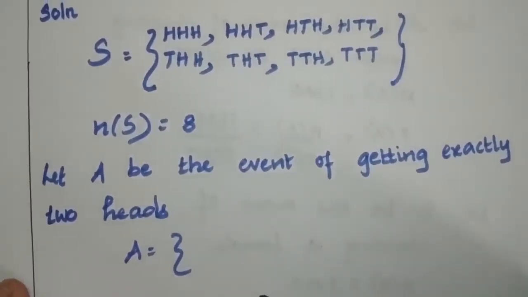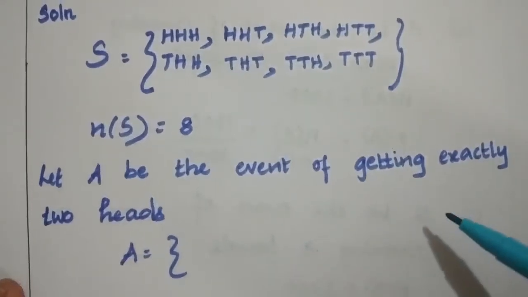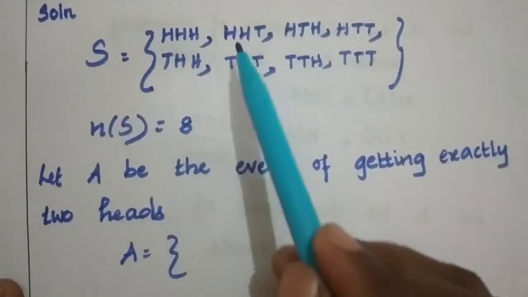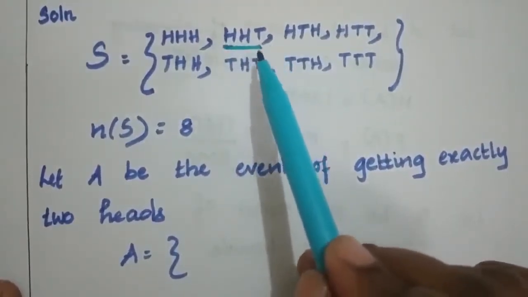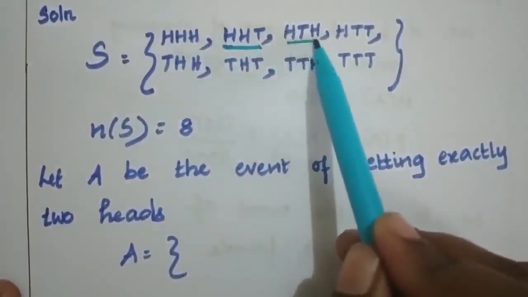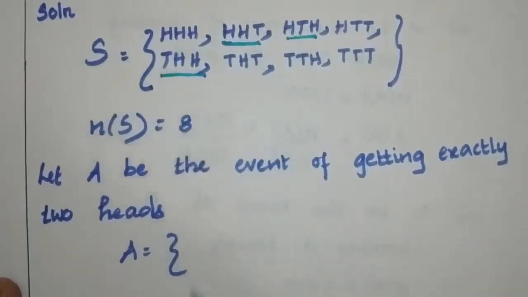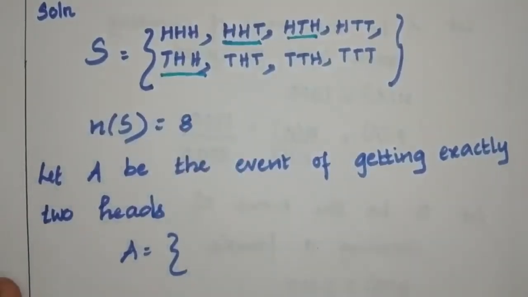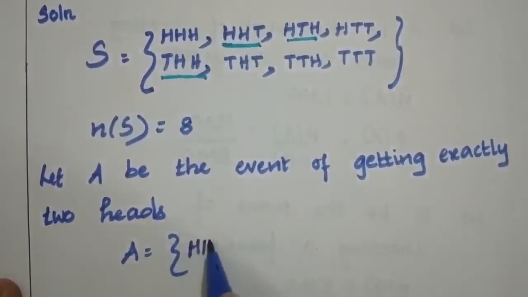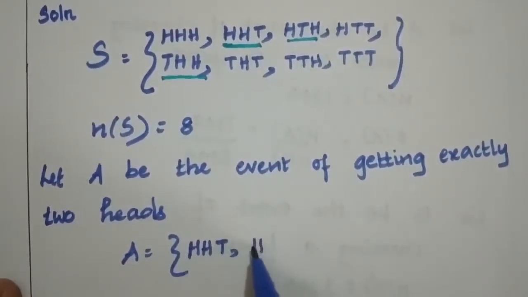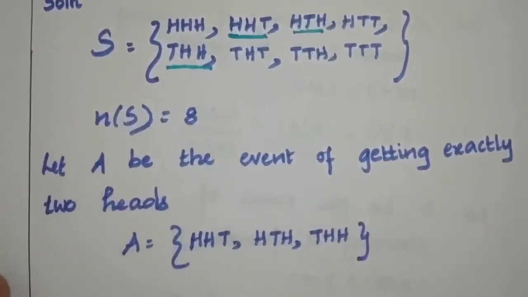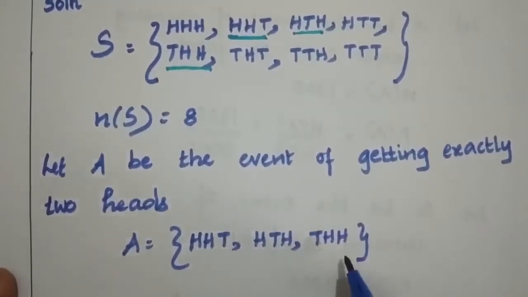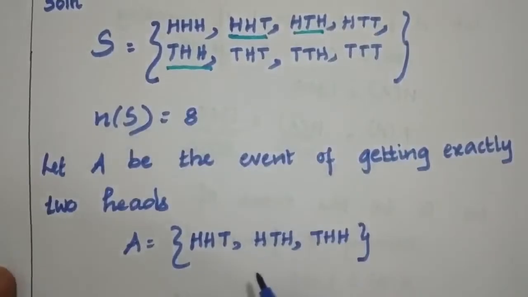So we are going to take the sample points that have exactly 2 heads: HHT, HTH, THH. So these are the 3 sample points which have exactly 2 heads.